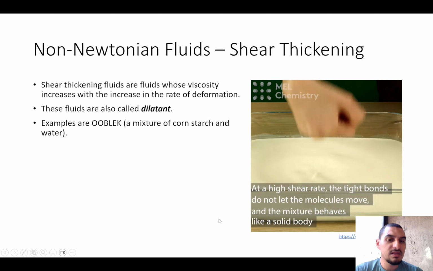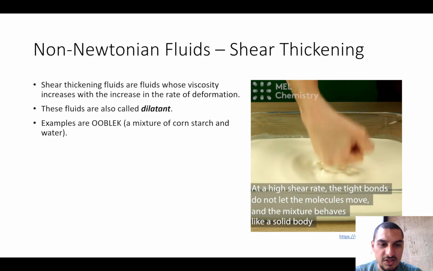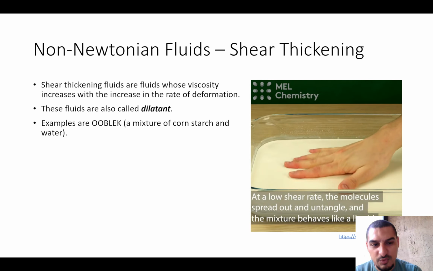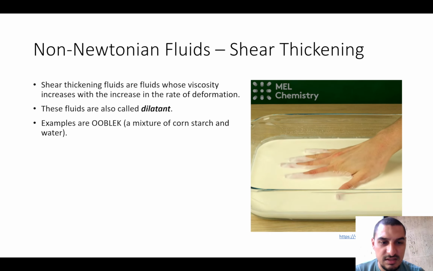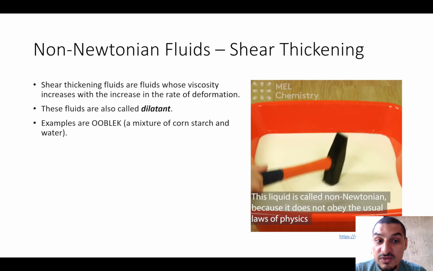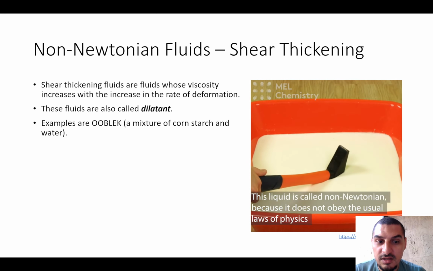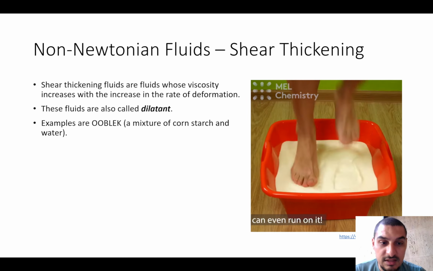If you see that here, it seems that at high shear stress, when it's exposed to very strong shear, like hitting with a fist, or as you will see later, hitting with a hammer, it behaves as a solid, which means that the viscosity is very high. But if the shear stress is low, it's a liquid.